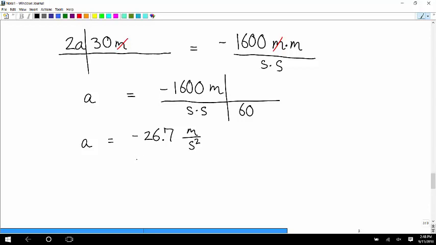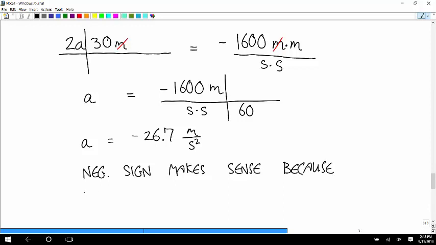And you can always think problems through like that. So the negative sign makes sense because velocity is positive and it's slowing down.